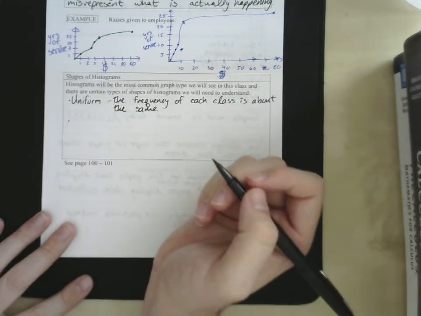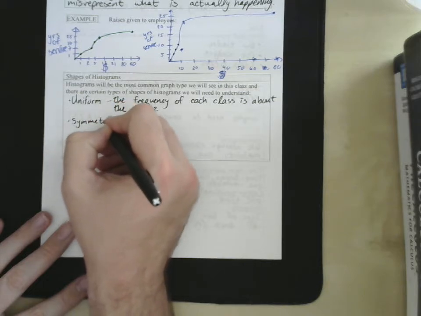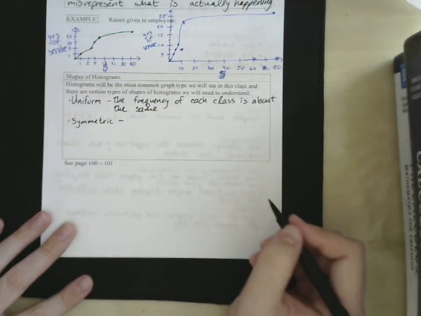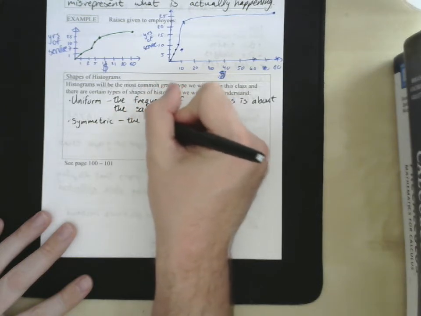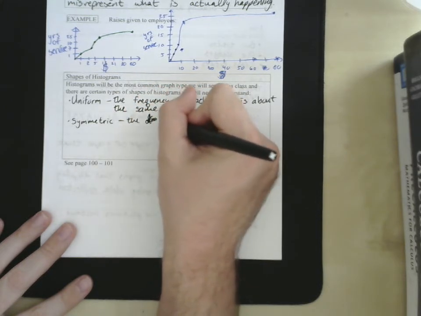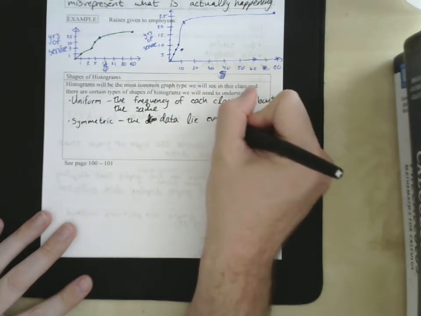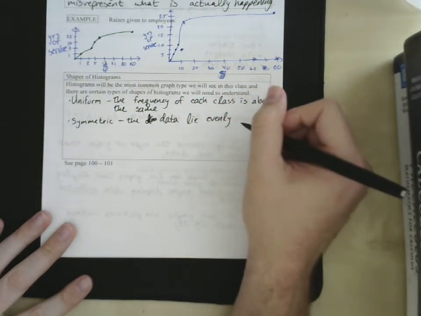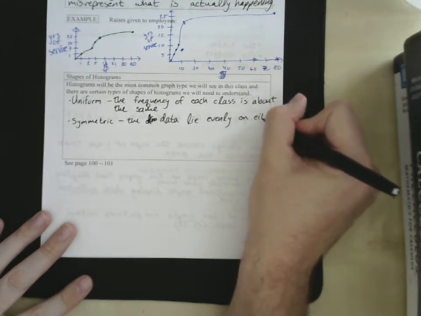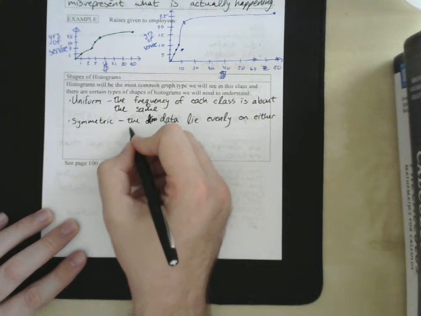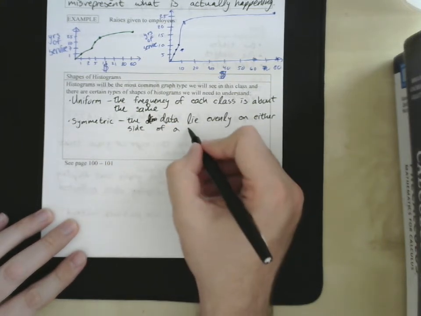We have symmetric distribution. This means that the data lie evenly on either side of a vertical line.